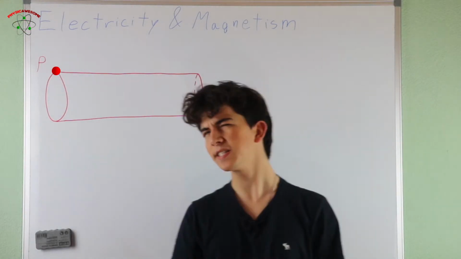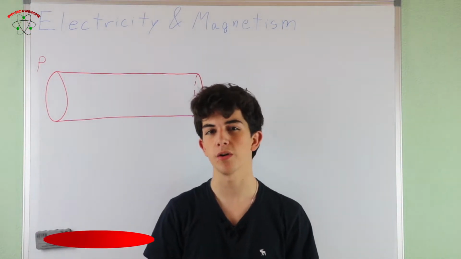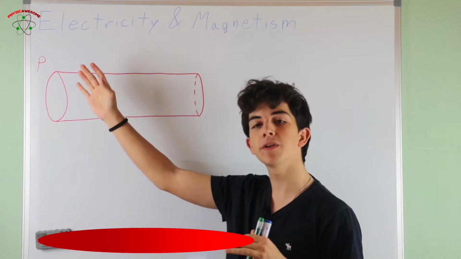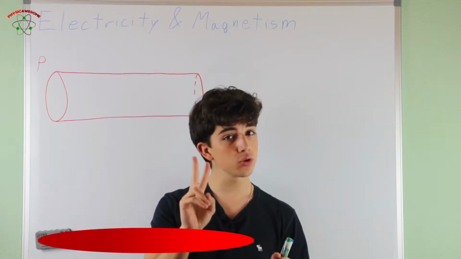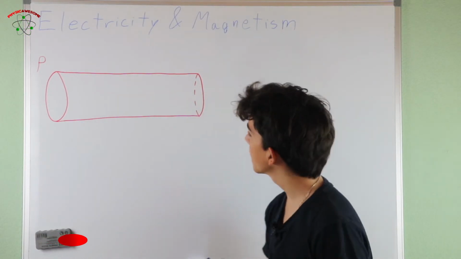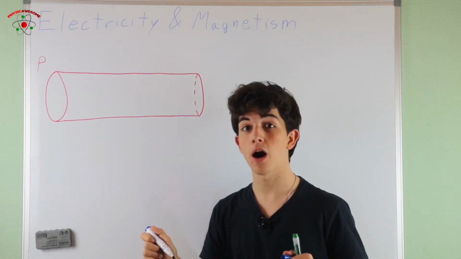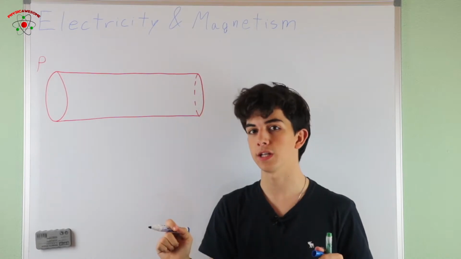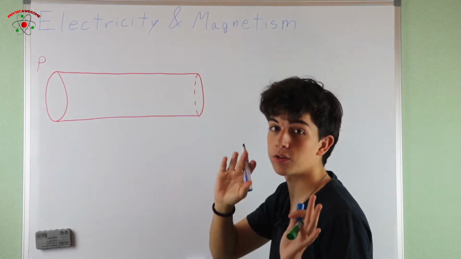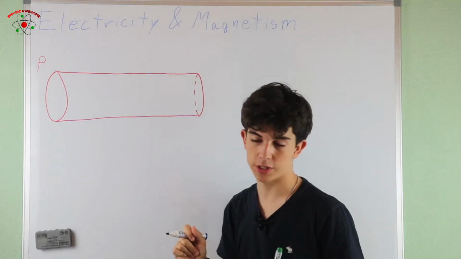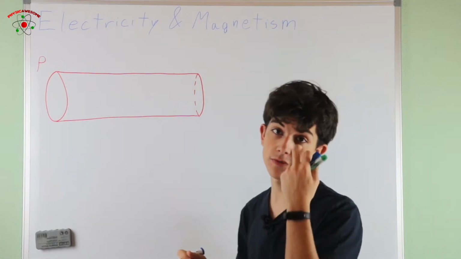Great, now let's give some volume to our wire and consider an infinite cylinder. In this case, we're going to have now two differentiated regions, and they are going to depend on r, as this situation is radially symmetric. So r, speaking of r in cylindrical coordinates, not r in spherical coordinates.